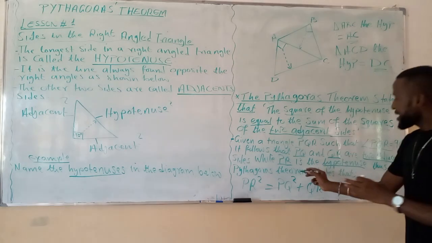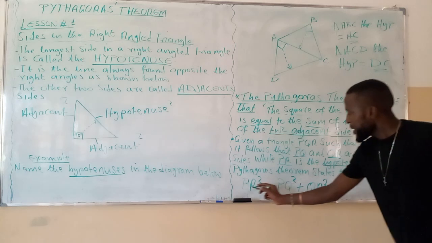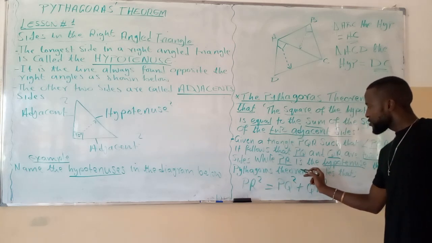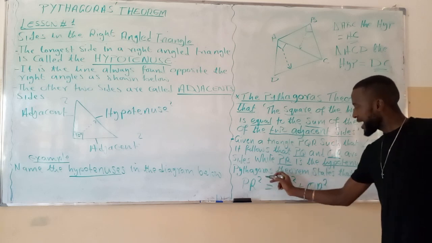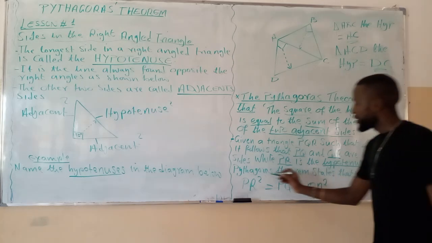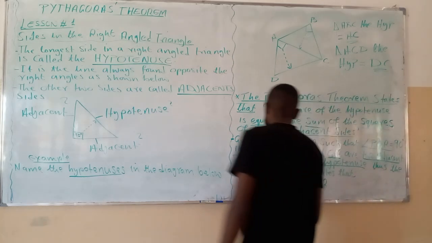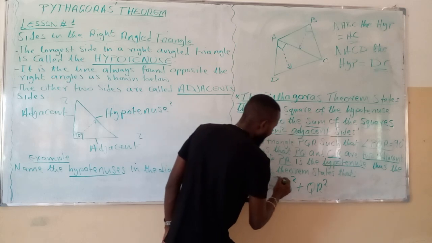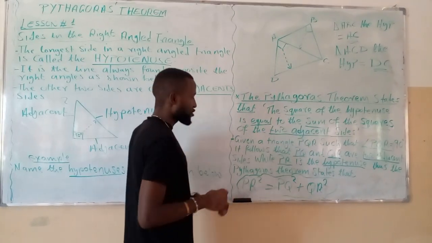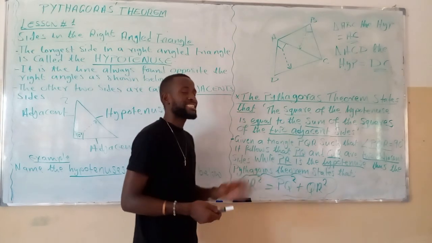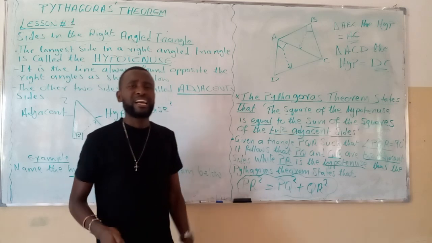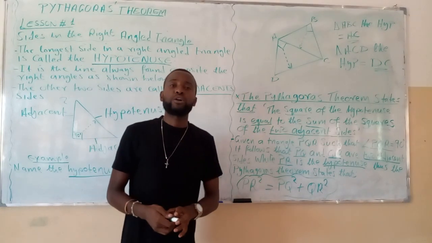Thus, the Pythagoras theorem states that PR squared is equal to PQ squared plus QR squared. So, dear ones, this is the formula for finding any side in a right angle triangle. This is the formula that we need to use according to Pythagoras himself.